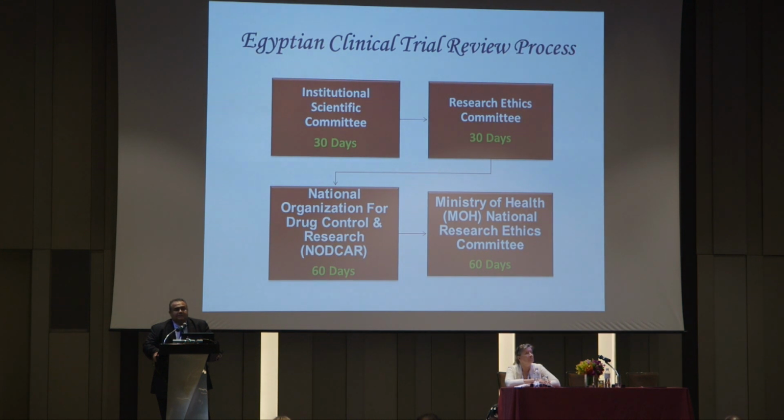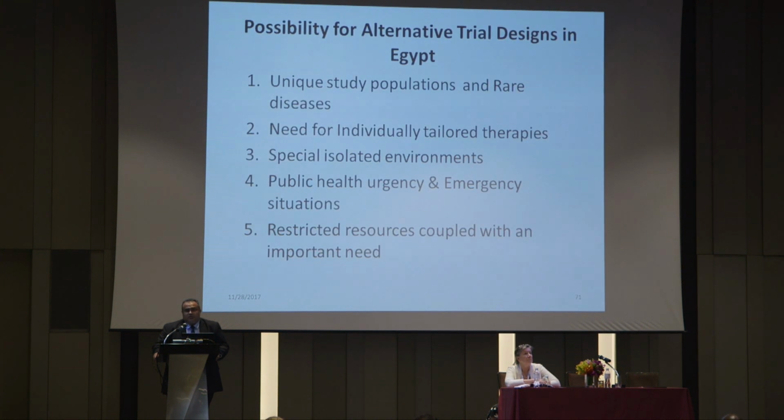The Egyptian system for reviewing clinical trials depends on the institutional scientific committee for 30 days, the institutional research ethics committee for 30 days, the scientific committee of the Ministry of Health called the National Organization for Drug Control and Research for 6 days, and the National Committee for 6 days. It makes about 6 months for the review process in Egypt, which is very slow.